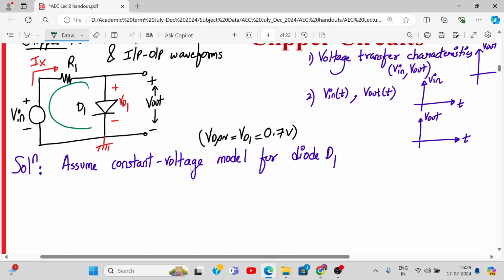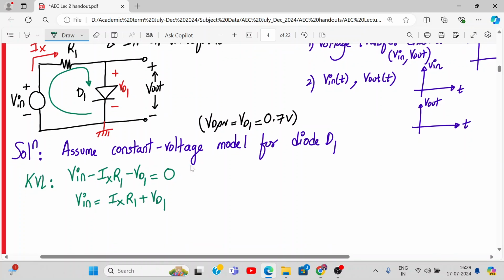What does KVL say? Plus Vin, then minus IxR1, then minus VD1 is equal to 0. So we can rewrite it as Vin is equal to IxR1 plus VD1. Agree?